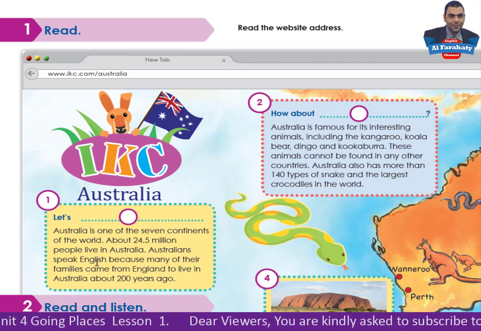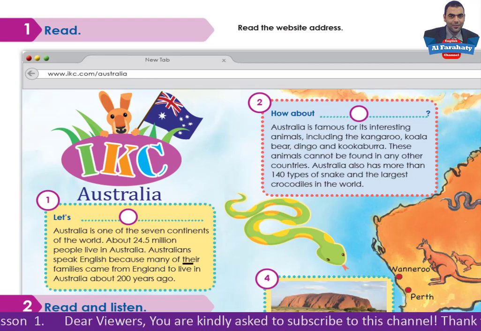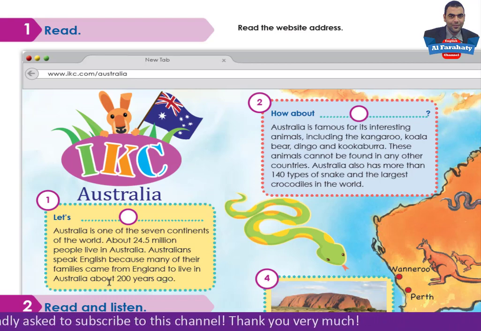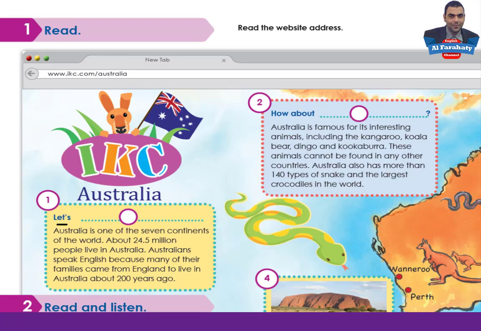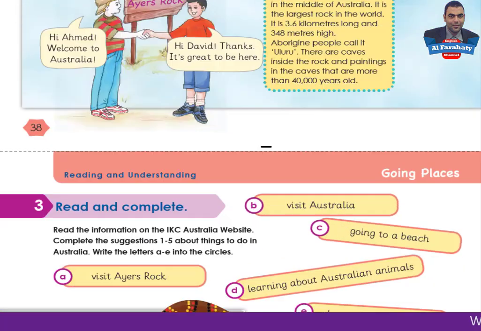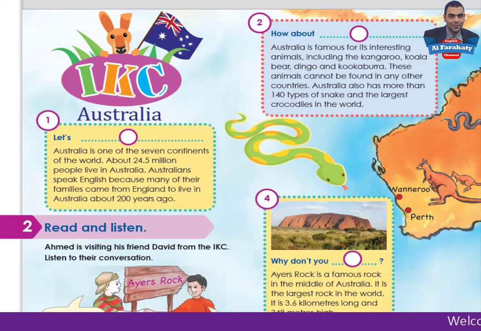Australians speak English because many of their families came from England to live in Australia about 200 years ago. So, this is about Australia. What is the correct answer? Yes, excellent. Let's visit Australia. Yes, visit Australia, number B.